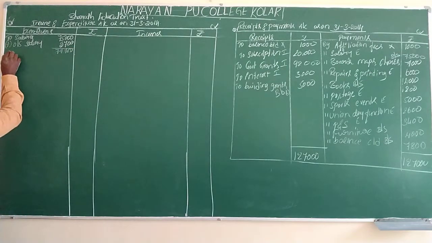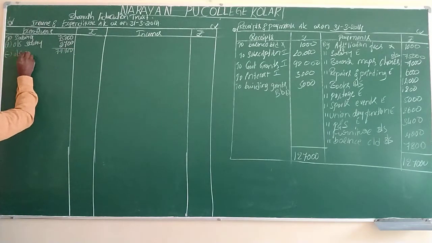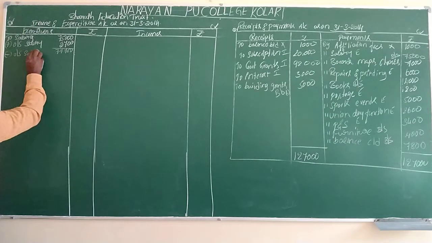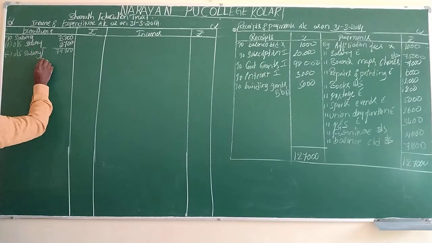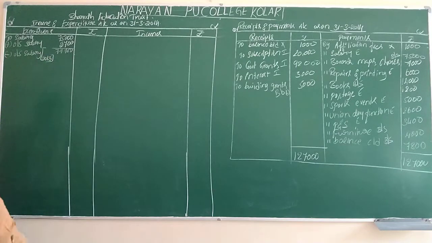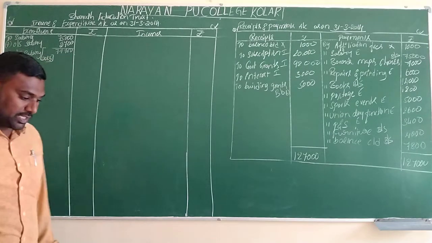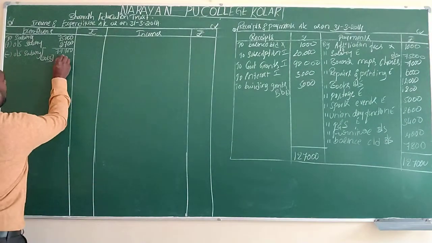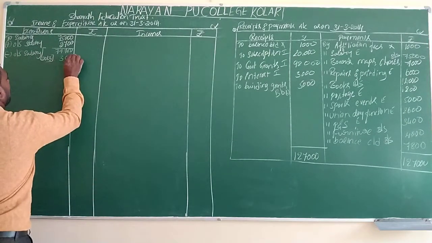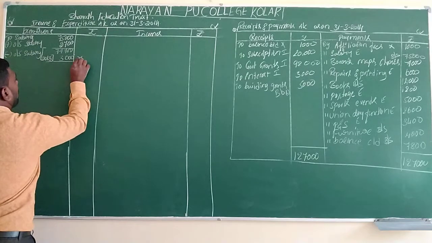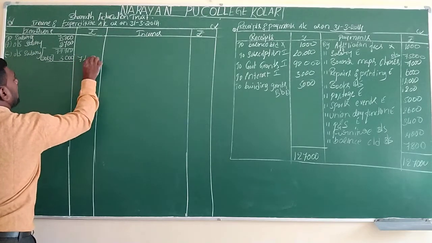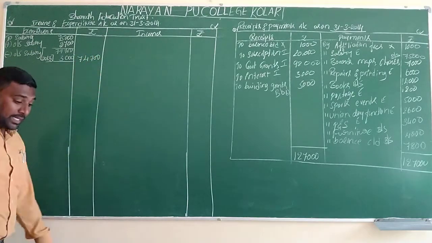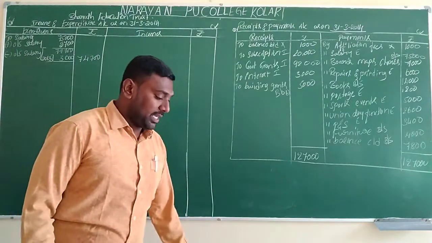Out of this, minus outstanding salary. In brackets we have to mention 2013, last year's salary, which is given in the adjustment of the previous balance sheet, that is 3,000. Therefore, 74,700 is the present year salary.